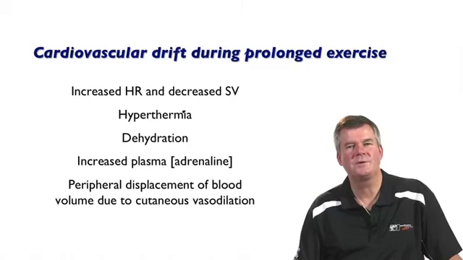And the peripheral displacement of blood, particularly to the more compliant cutaneous circulation, has been implicated in these cardiovascular changes during prolonged exercise. Some people have suggested that compression garments, which are often used in sporting context, act to minimise this peripheral displacement, and one of the reasons for their use that's been advocated relates to these hydrostatic effects on the peripheral circulation.